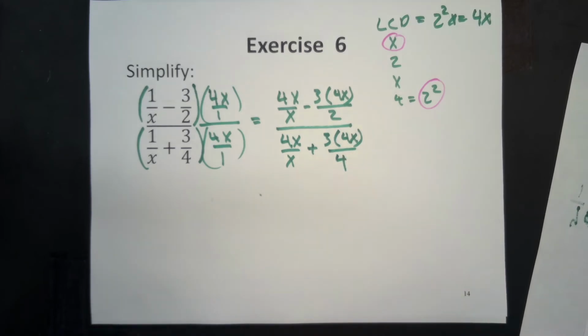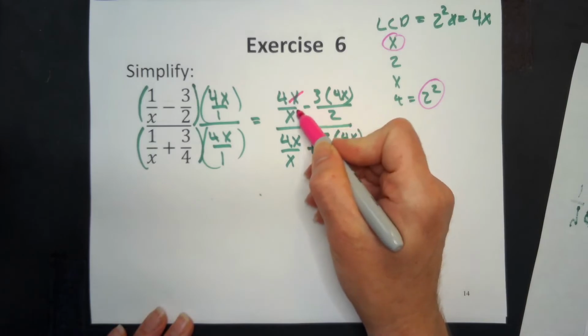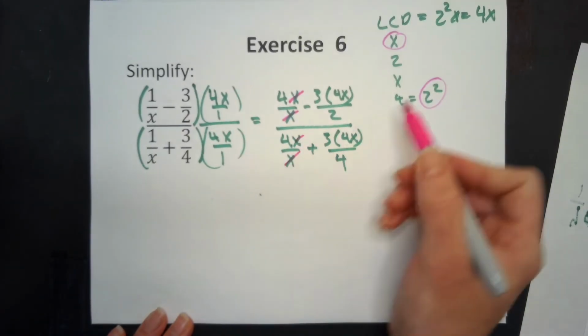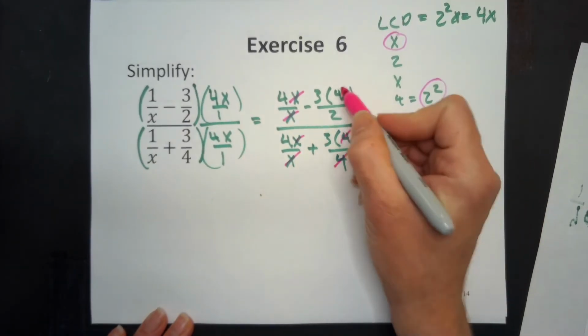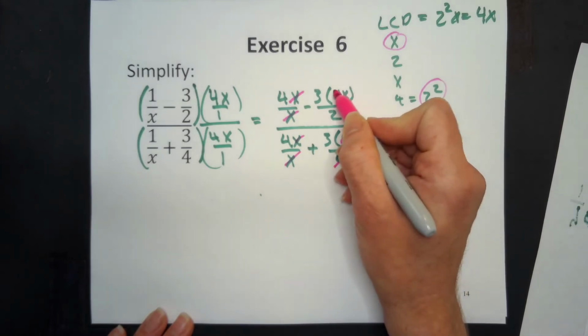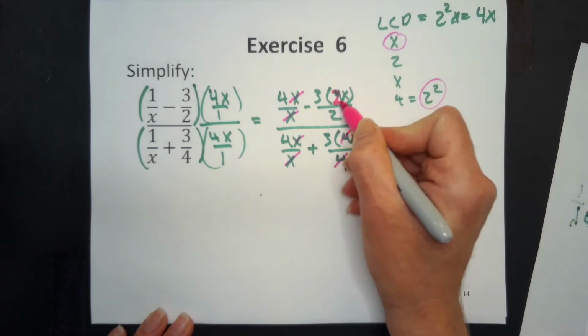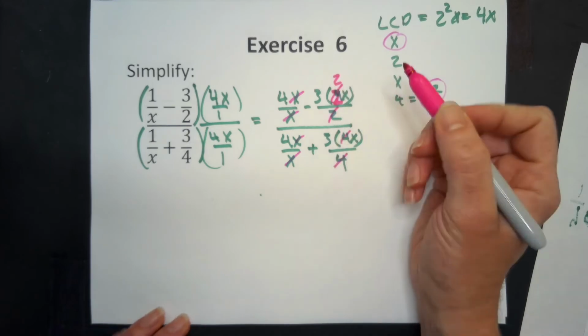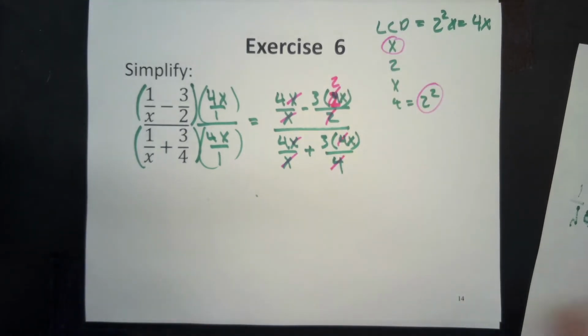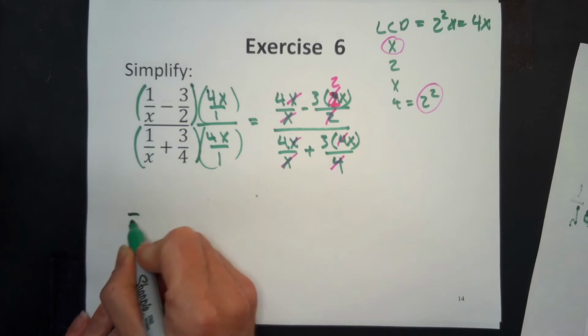I'm going to go in and cancel any terms that cancel right off the bat. You see how these x's will cancel right here. This 4 will cancel with that 4. And right here, this 2 will cancel with part of the 4, and there's still a 2 left. So in other words, let's rewrite that so it's easier to look at.